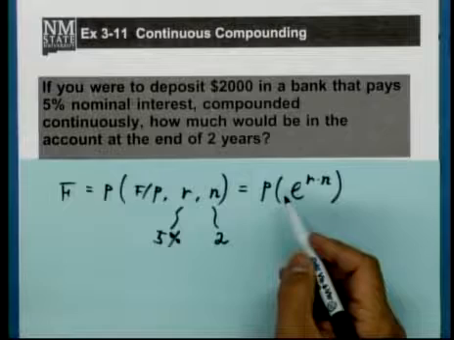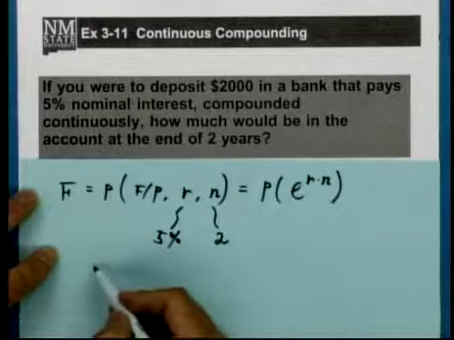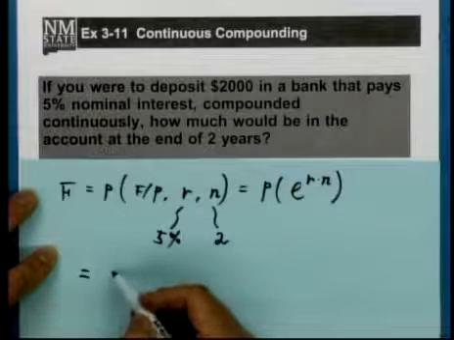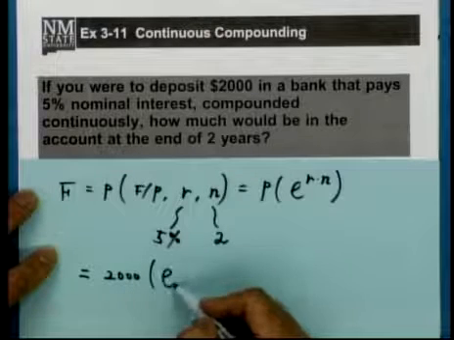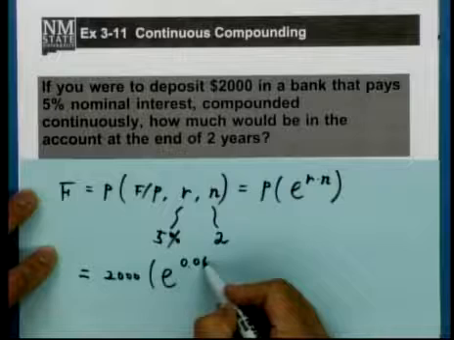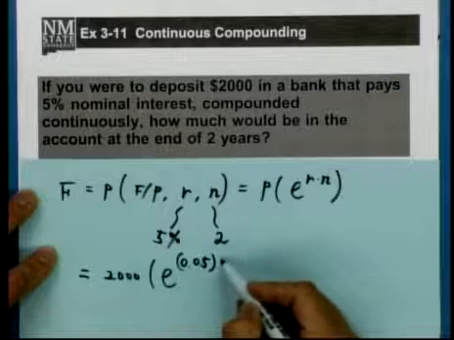Is that right? So 2,000 times e to the power 0.05 times 2.